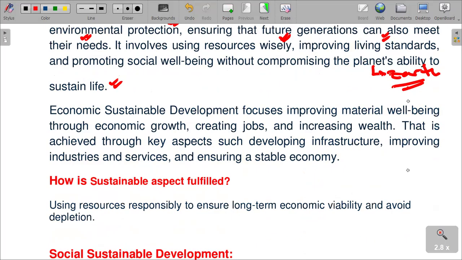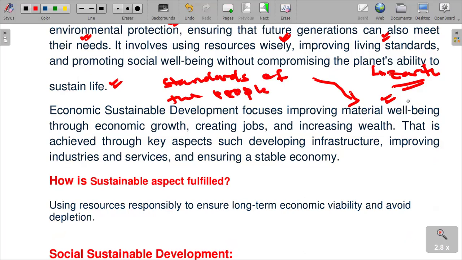So economic sustainable development, it actually focuses on improving material well-being. When we talk about material well-being, this also explains the standards of living of people.